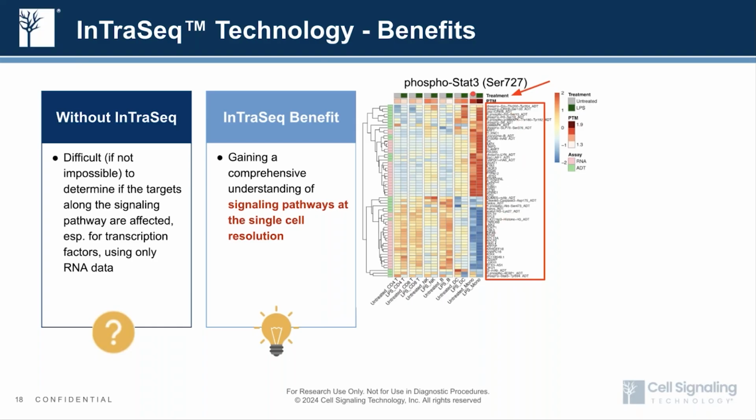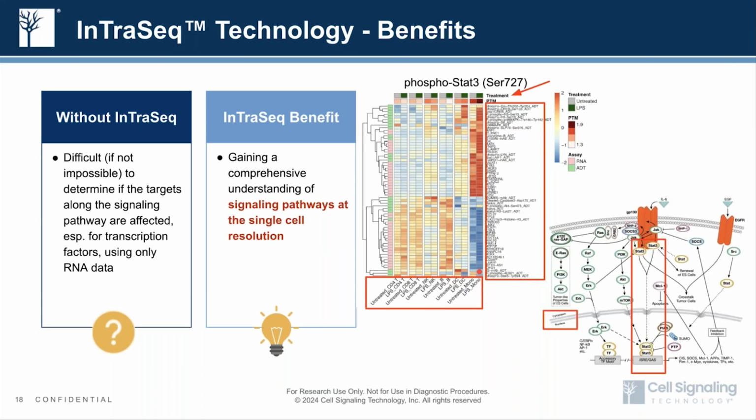You can correlate the signaling levels with transcripts in many different cell types, in this case, like CD4 untreated and treated, or monocyte untreated and treated cells. So you can finally gain a comprehensive understanding of signaling pathways at the single cell resolution, where you can measure the phosphorylation level of certain proteins, and you can understand how the transcriptome is impacted in individual cells.